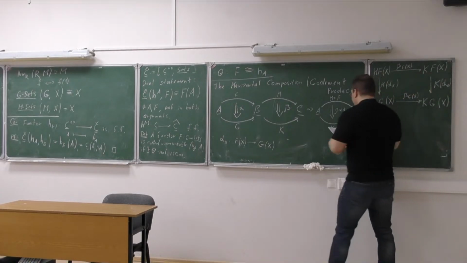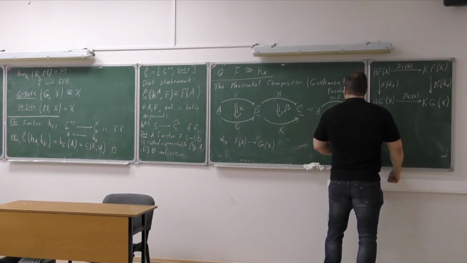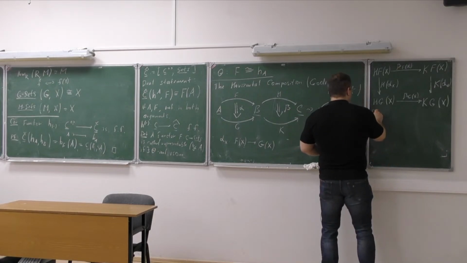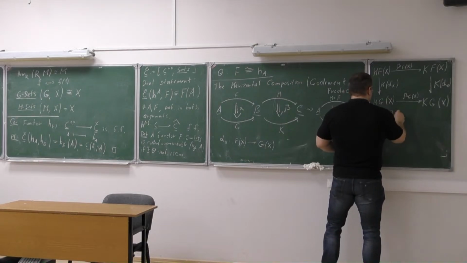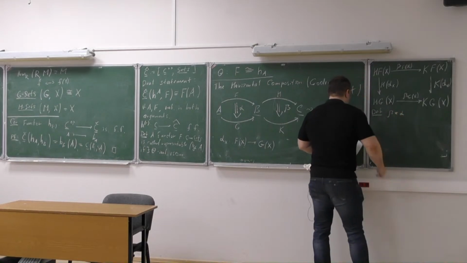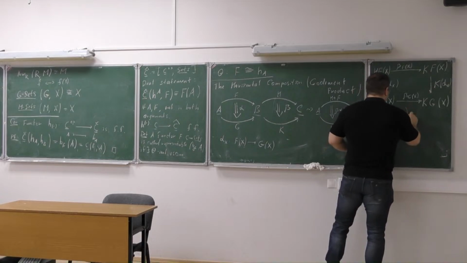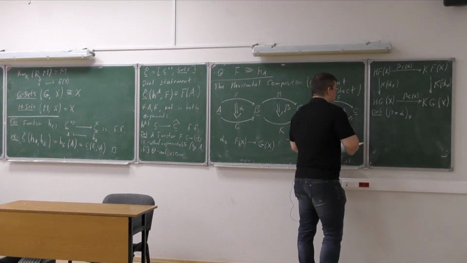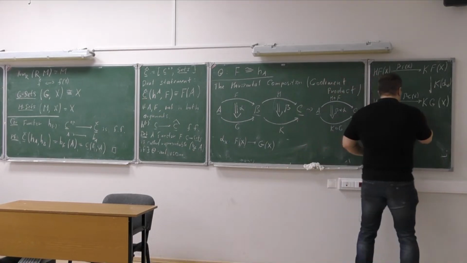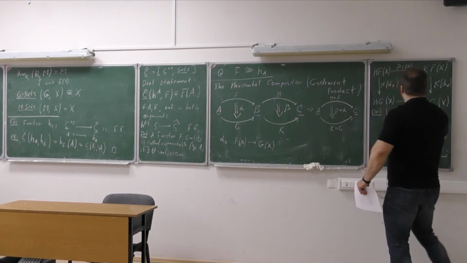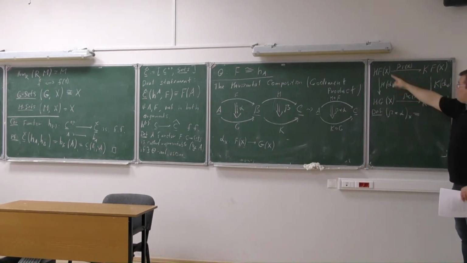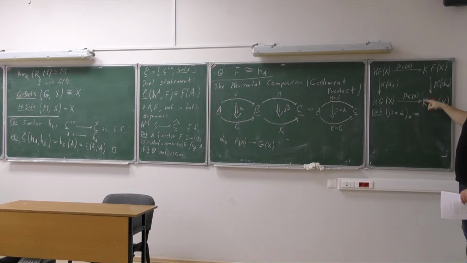Okay, so we have this, and now this is the definition: beta star alpha is a natural transformation such that by definition its component for the object x is this map or this map. Since this is a commutative square, any way to go works.